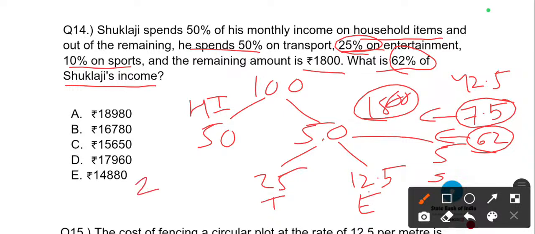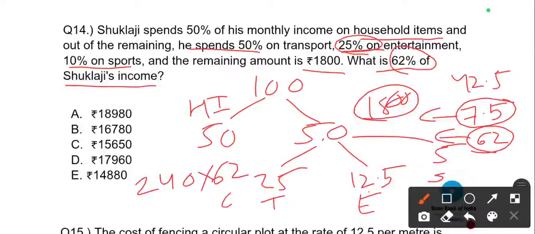7.5 2 times will be 15, and we have 30 means 4 times 1800, 7200... 24. 10 comes here downside, into 62. We need to find the value of this one.